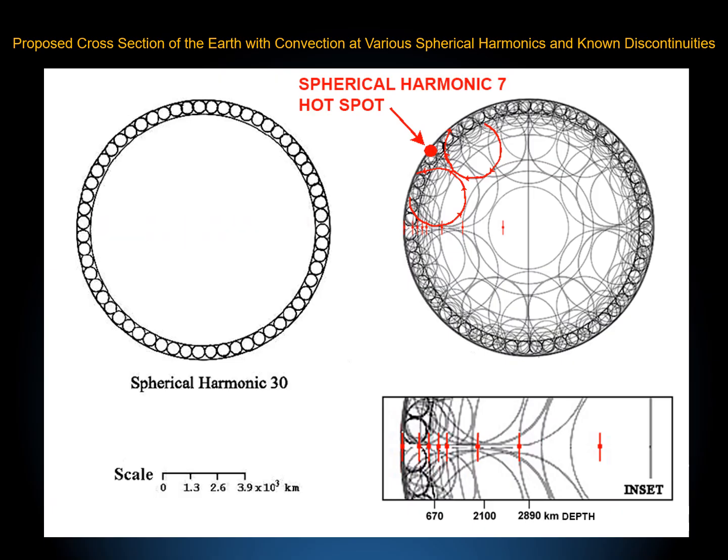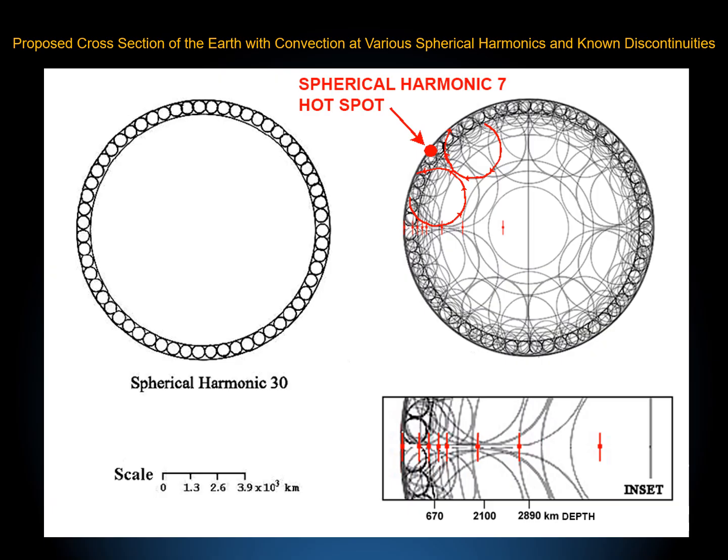Here we show, again in the right-hand image, cross-section of the Earth, spherical harmonic 7, the Rayleigh-Benard convection creating that harmonic, which would arise from 2,890 kilometers depth into the mantle.